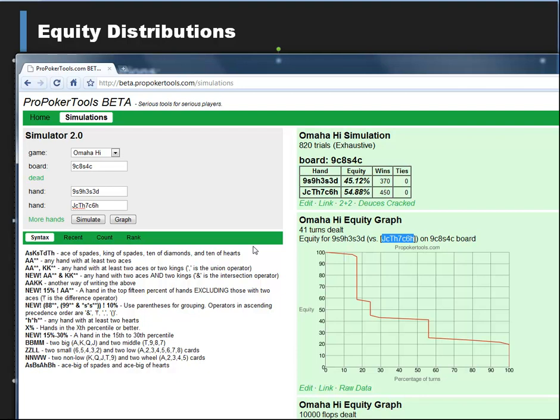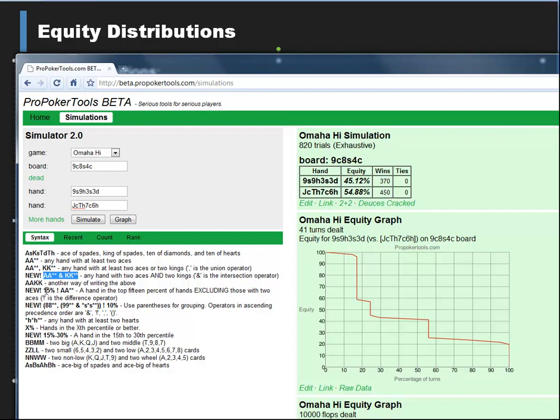And then the hand versus range stuff. The main lessons to learn were how you use the different notation pieces, especially the rank codes, in order to write realistic ranges. There's a couple things we didn't get into, mainly because the Pro Poker Tools beta is pretty new, and he's just added a bunch of new notation, including this intersection operator, which lets you basically take two codes and say this is to pick hands that exist in both groups.